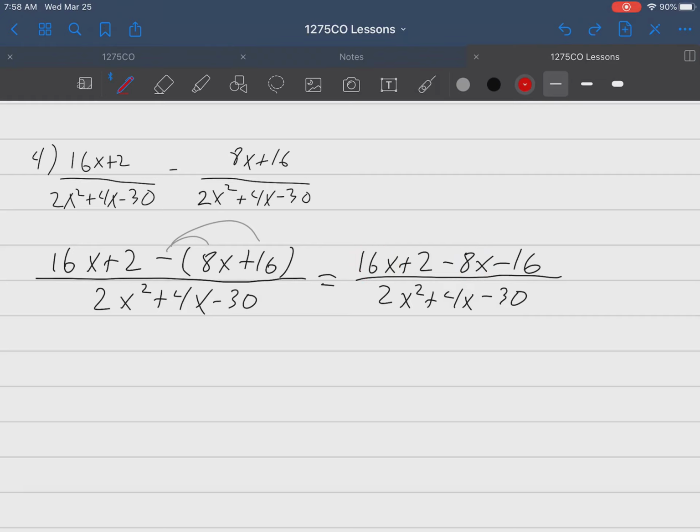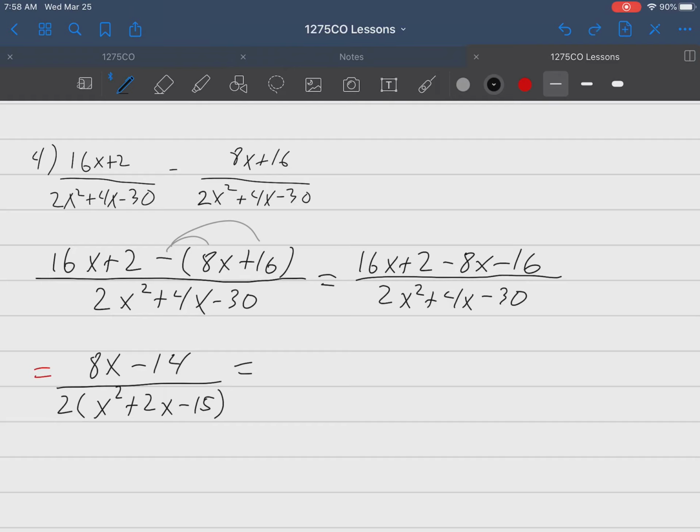So like terms, 16x minus 8x is going to be 8x. 2 minus 16 is going to be negative 14. On the denominator, 2 times x squared plus 2x minus 15.